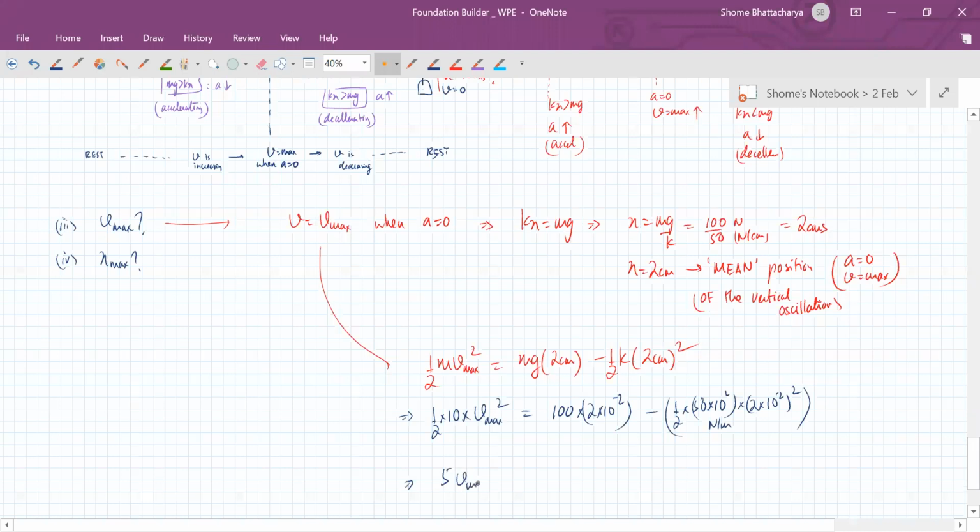So 5 V max square will become 2 minus, now this we'll have to calculate. This is half into 25, into 4 into 10 raised to the power minus 4, so that's minus 1.